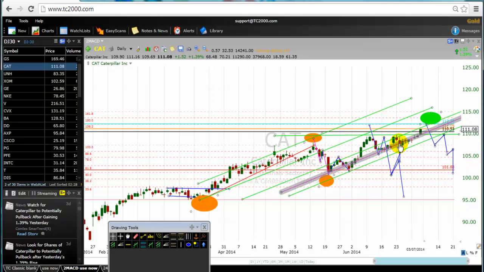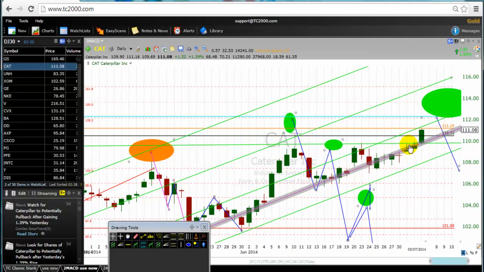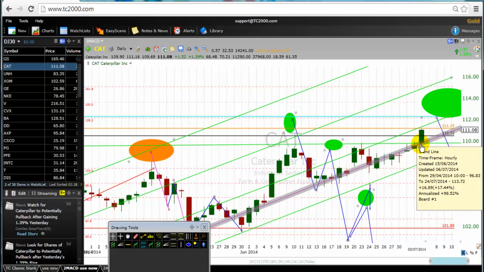From there, he pulled back again near the median line. He acknowledges this resistance again. You see how the price slowed down, acknowledging this resistance. And from here, he breaks out.